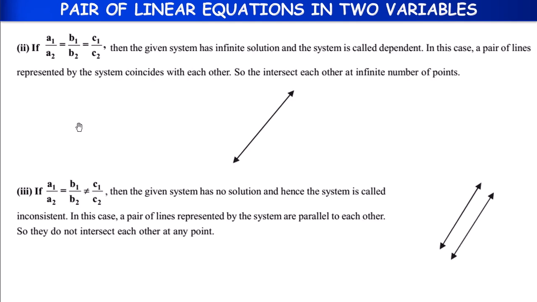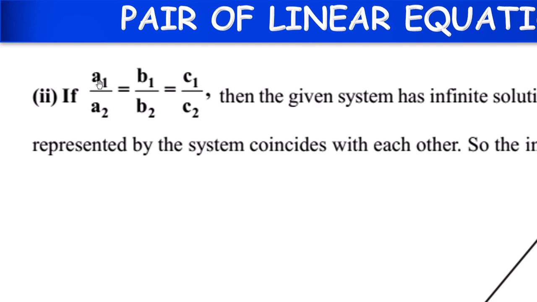Suppose a1 by a2 equals b1 by b2 equals c1 by c2, which means the ratio of x coefficients, the ratio of y coefficients, and the ratio of constants are equal to one another.